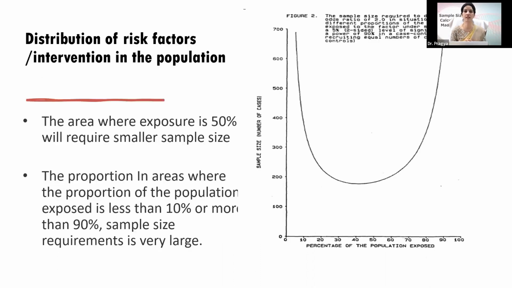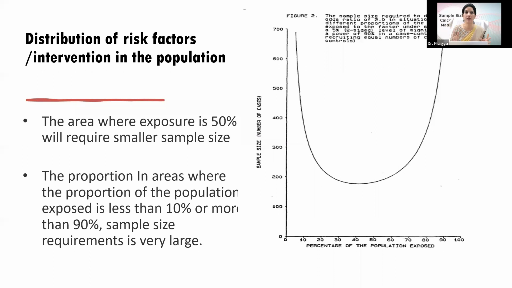Now, the second one is the distribution of risk factor in the population. In this case, if you see the distribution of risk factor, this is a U-shaped curve. Can you see it? What do we mean by 50% of exposure? That the population is exposed to 50%, meaning 50% of the controls will have the exposure and 50% will not have the exposure.